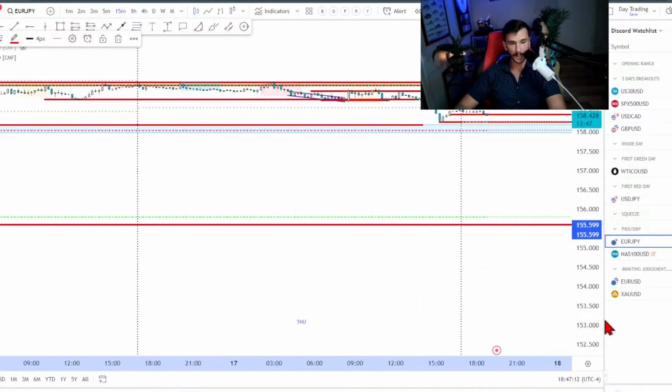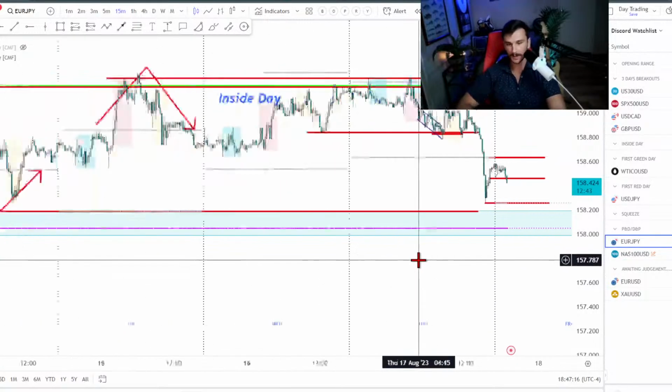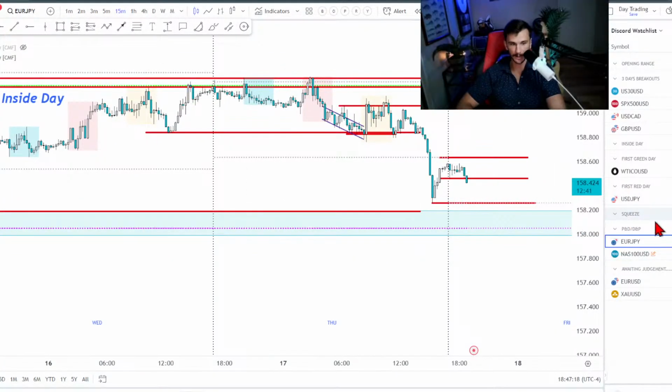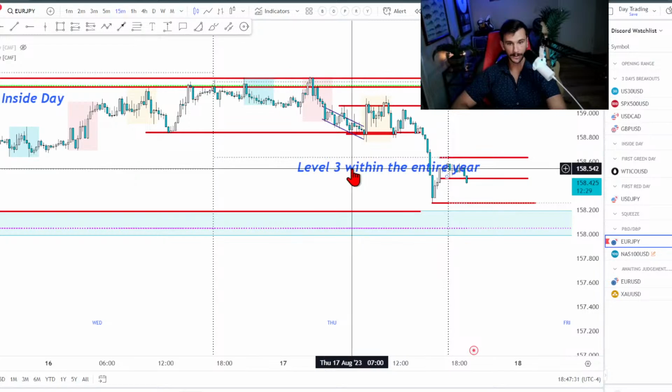I don't usually go up to the higher time frames unless I feel like I'm seeing something that's based off a higher time frame. This is something that I definitely kind of like. I'm going to mark that. We're in level 3 for the entire year.